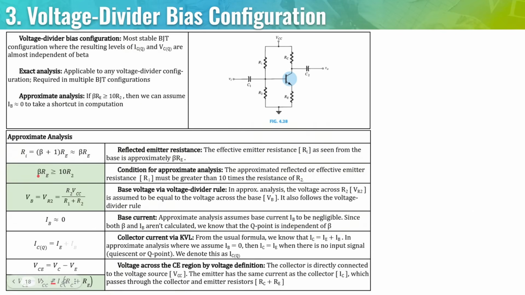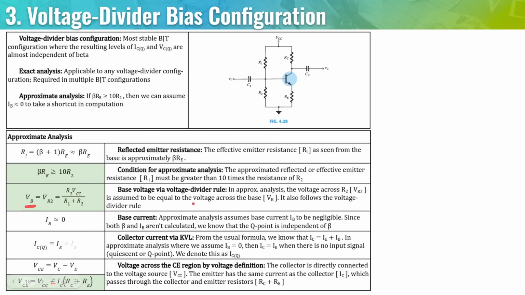So again, beta RE has something to do with the reflected emitter resistance. So again, if R2 is so big or so influential that it is bigger than the reflected emitter resistance, we can just approximate.